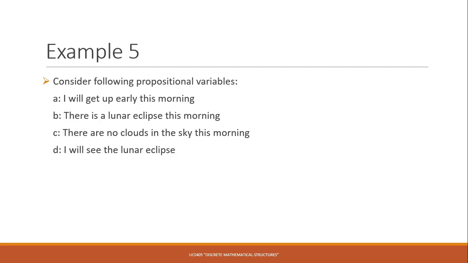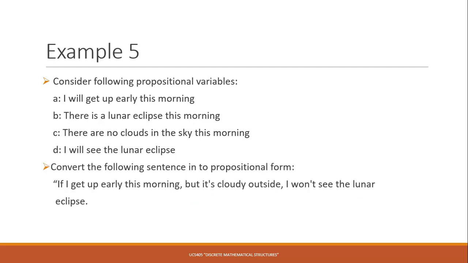Next example, again the same propositional variables are given to you. You have to convert this sentence: if I get up early this morning but it's cloudy outside, I won't see the lunar eclipse. If you analyze this sentence, it is again in the if then form. If is here and then, which is not written but logically it is here. Another logical connective is but, which is equivalent to and.